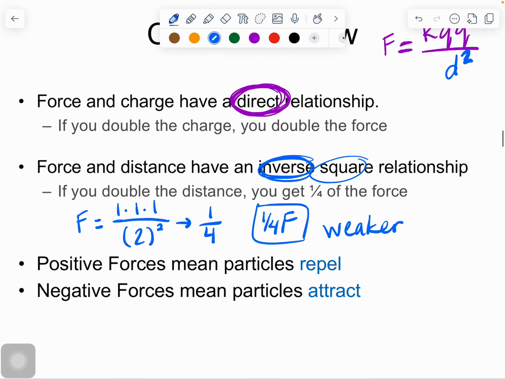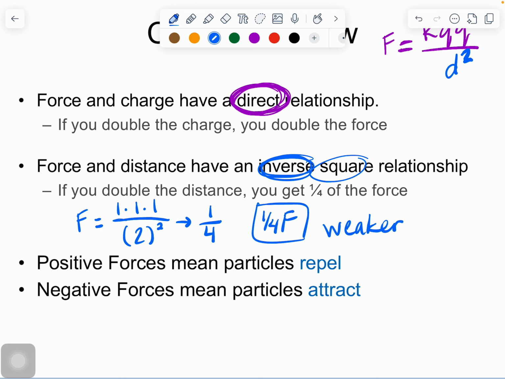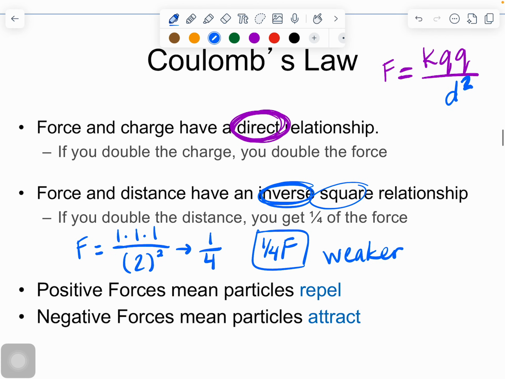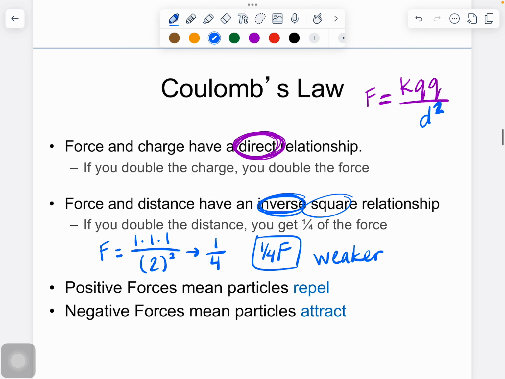All right, the last thing here, I have a couple of questions sprinkled throughout the chapter where I will simply ask you with your math work, was that an attractive or repulsive force? Here it says if we're analyzing the force value, a positive answer means that it was a repulsive force and a negative answer means that it's an attractive force.